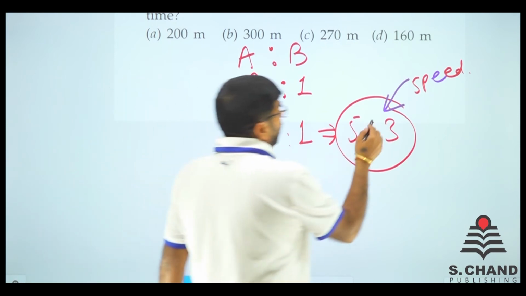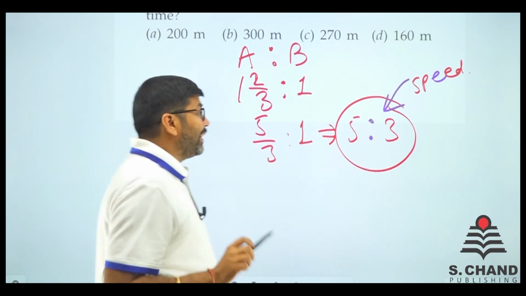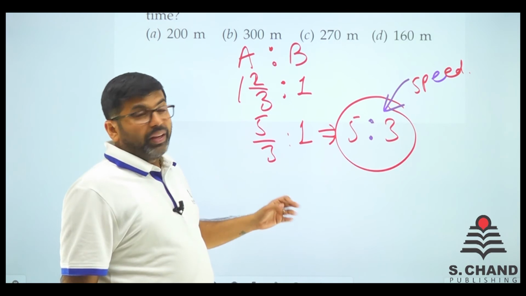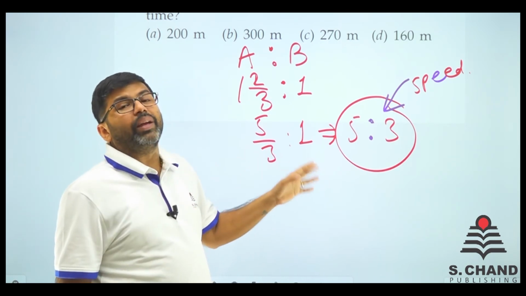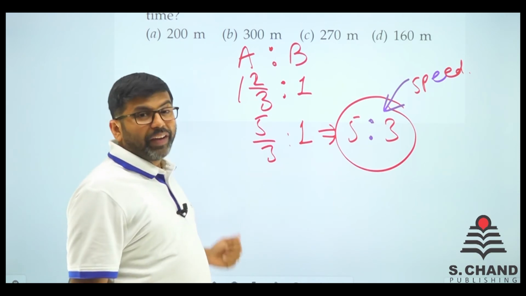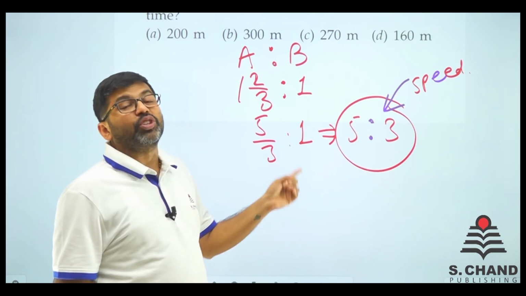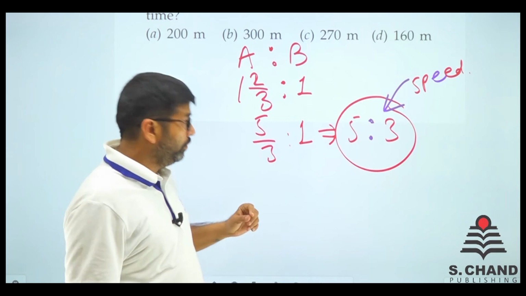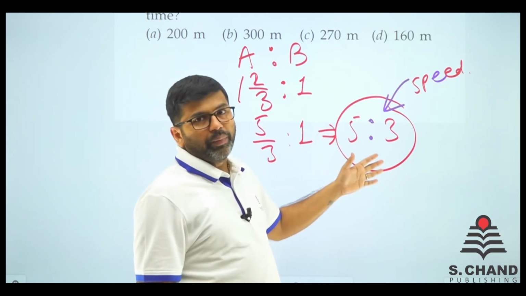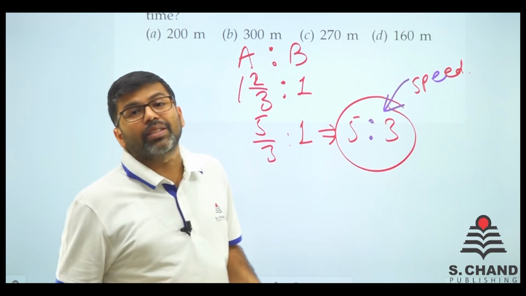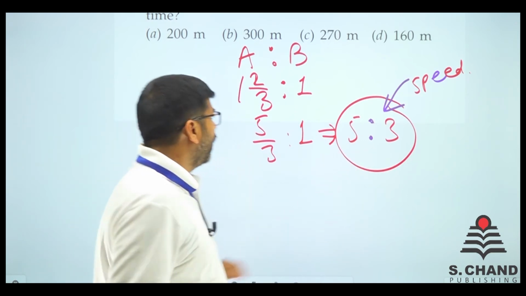So if the speed का ratio is 5 is to 3, and this speed is equal to distance upon time. So if I say speed is directly proportional to distance, not time, distance. If I say the ratio of speed is 5 is to 3, that means the ratio of distance is also 5 is to 3.